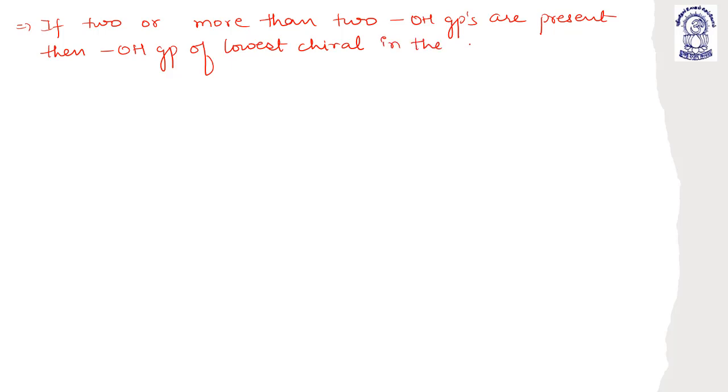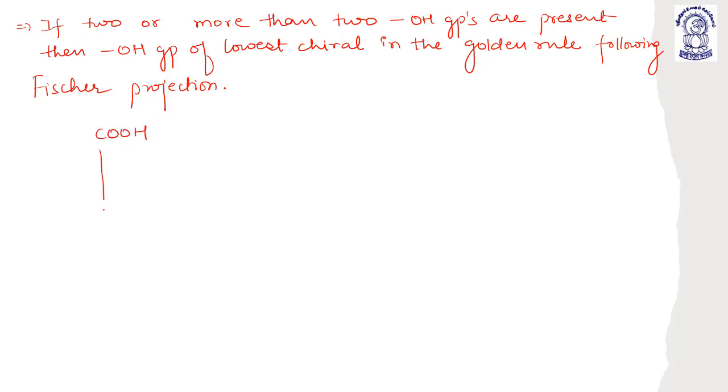In the golden rule, following the Fischer projection, this is the D form.